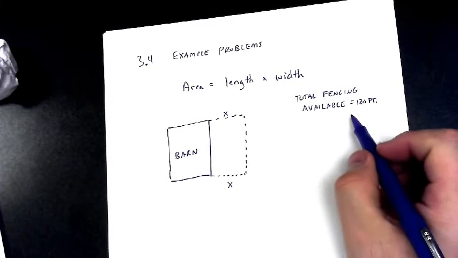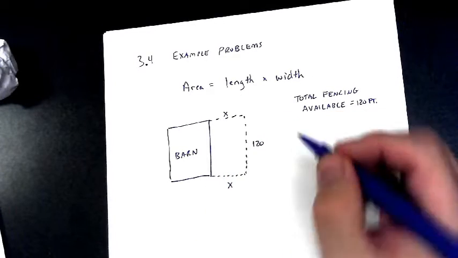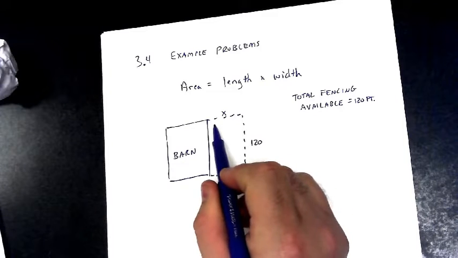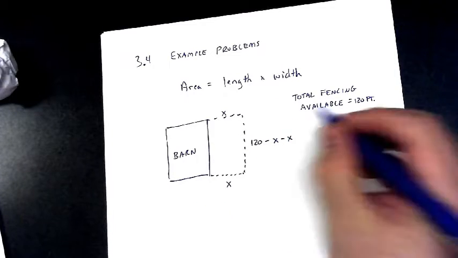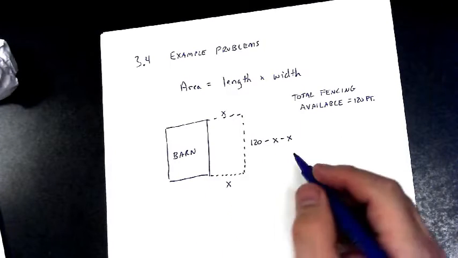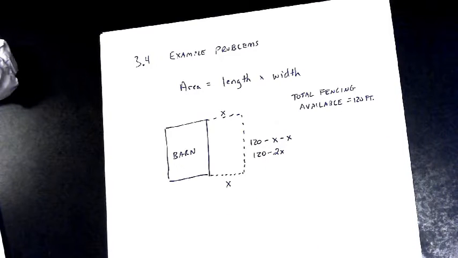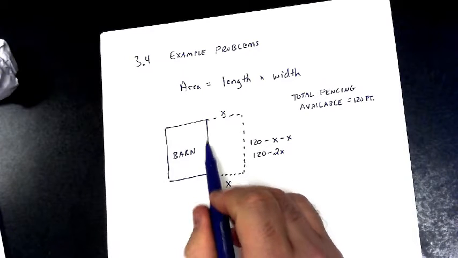If all three sides together are 120 feet and we've already used x amount of feet here and x amount of feet here, then you have to take those x amounts of feet away from the total 120 that you have available, and that can be rewritten as 120 minus 2x. And if this side is 120 minus 2x, then this side over here is also 120 minus 2x.